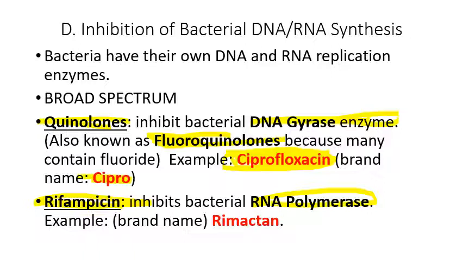It's just that one of the antibiotics is preventing messenger RNA from being made, and the other one is preventing the messenger RNA from being translated. So anyway, rifampicin inhibits the RNA polymerase enzyme. Rifampicin is another broad spectrum antibiotic, and it sells under the brand name Rifadin.